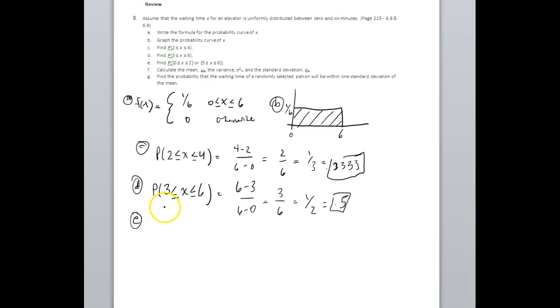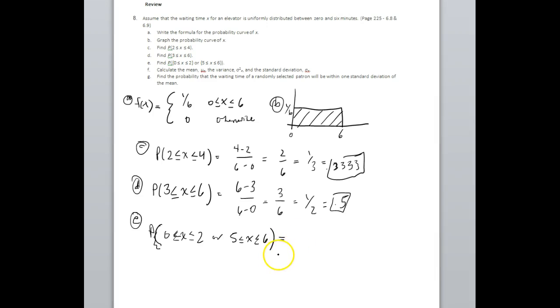Next thing is E. So this is a bit tricky. So probability that x is between, that's a less than or equal to, x is between 0 and 2, or between 5 and 6. So this is just all one probability.